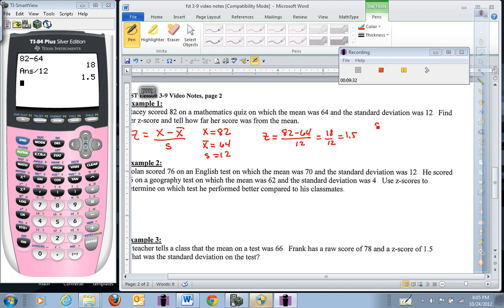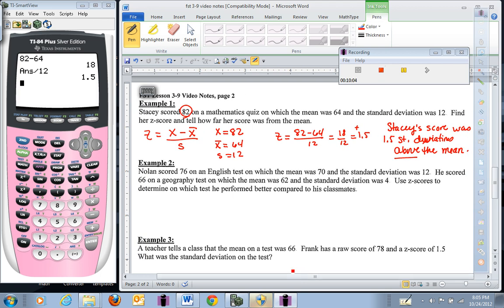It means that Stacy's score, the score of 82, was 1.5 standard deviations, and in our case, since this was positive, we're going to say above the mean. Okay, above the mean. All right.